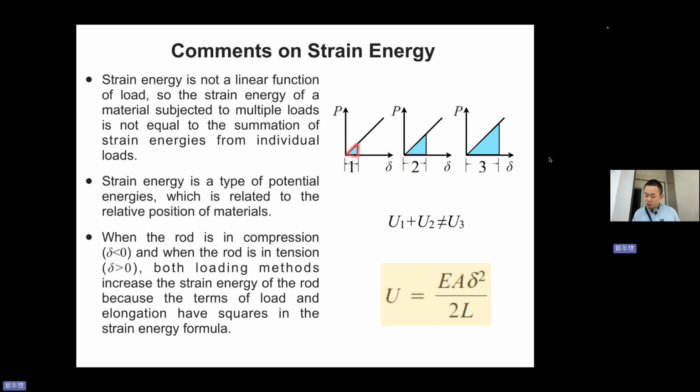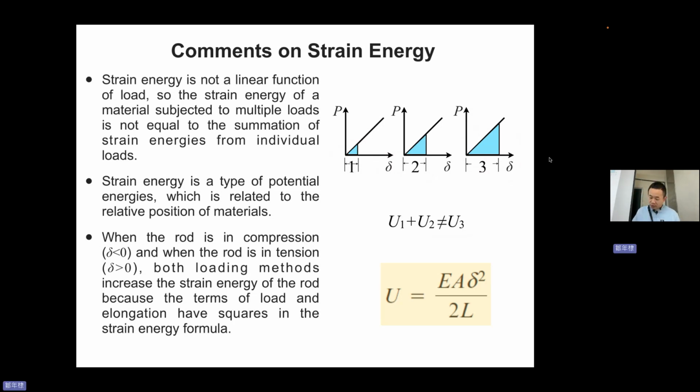So this is the energy. This is another energy. How about if you increase to 3? So this is another deformation and strain energy. Do you think U1 and U2 summed up together equal U3? Of course not, right? So U1 plus U2 does not equal U3.